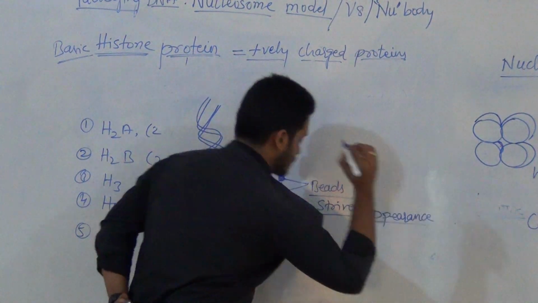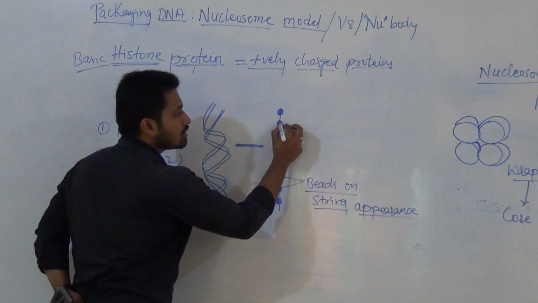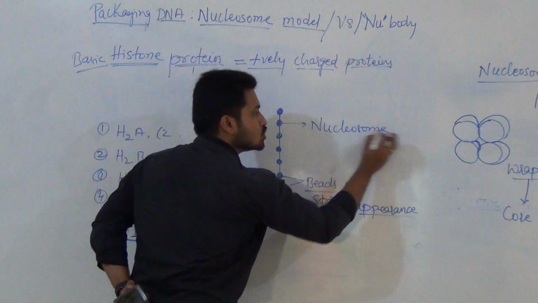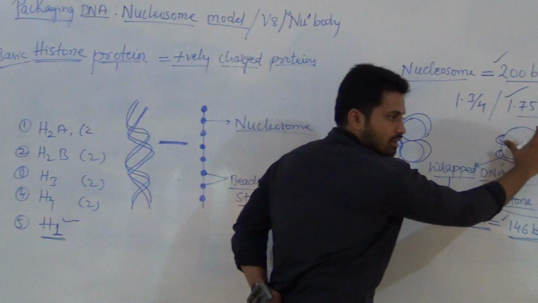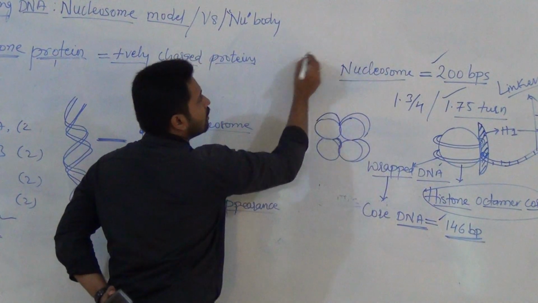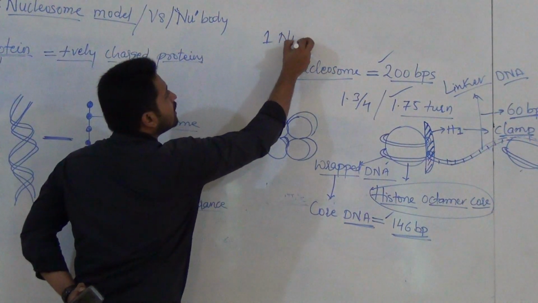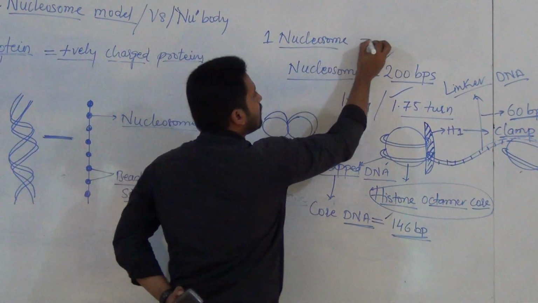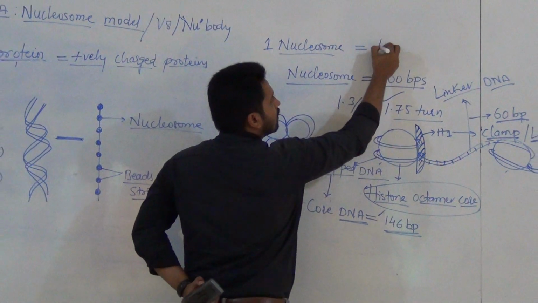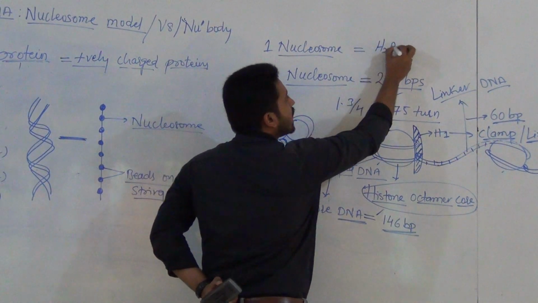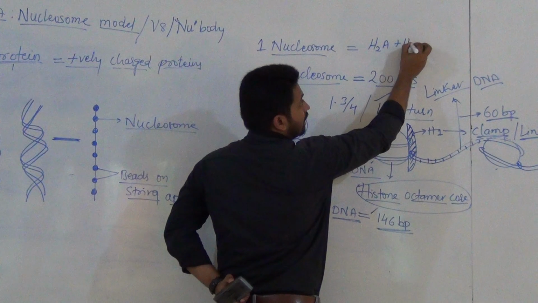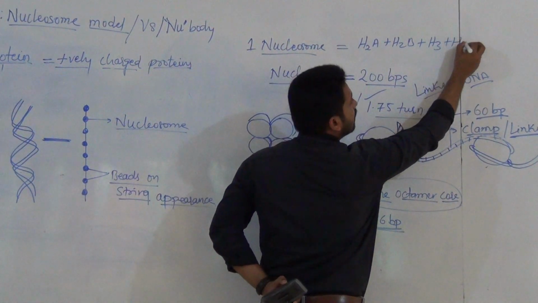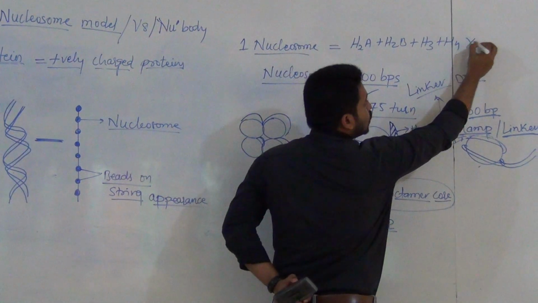Now dear students, what is this thickening? This is nothing but one nucleosome. For your easy understanding, what does one nucleosome contain? Remember, it is H2A plus H2B plus H3 and H4, each into 2.